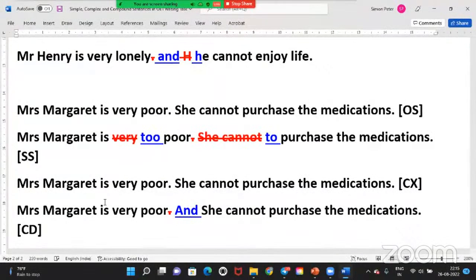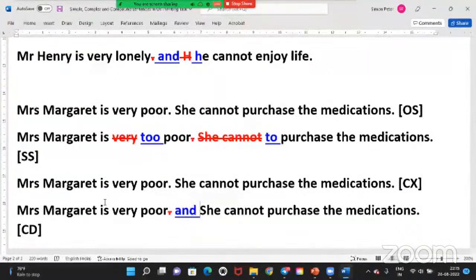She cannot purchase medication. Right? So everything is correct now? Very good. Anything else, or no? One more modification is required.